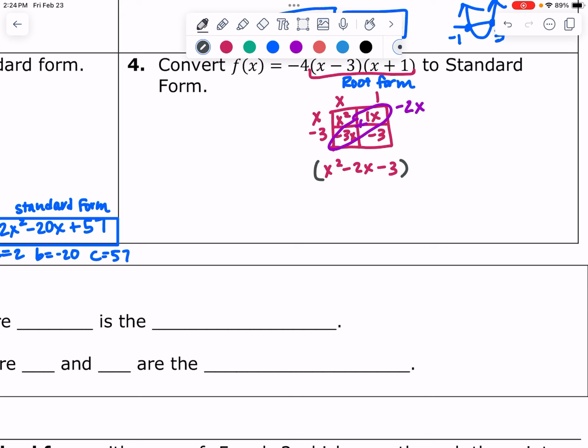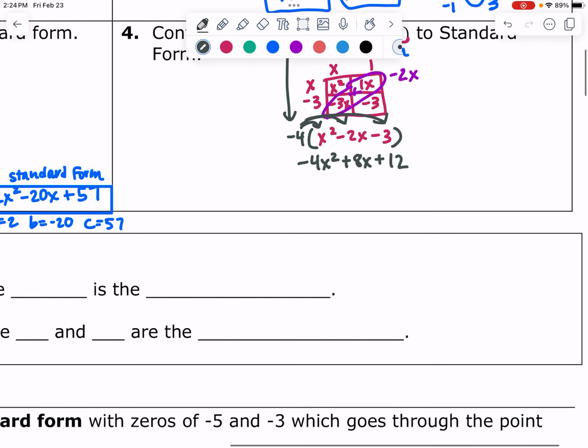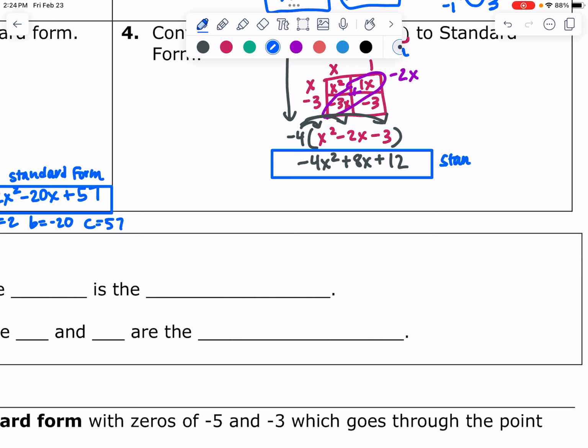Put that back in parentheses and bring down your -4. And then distribute your -4. Positive 8x plus 12. And so that would be our standard form. And so A would be -4, B would be 8, C would be 12.